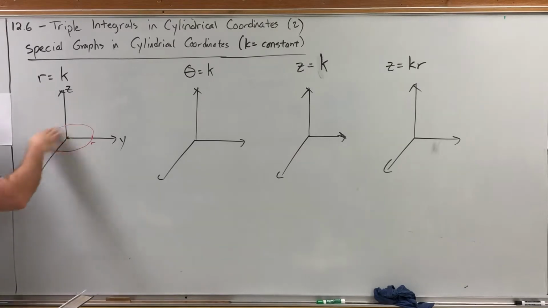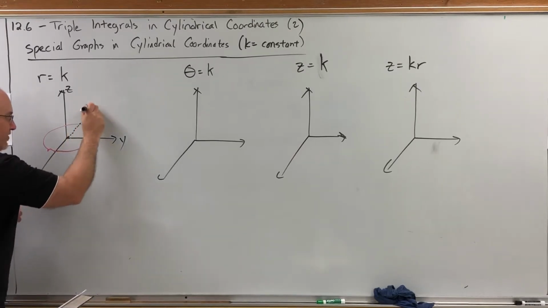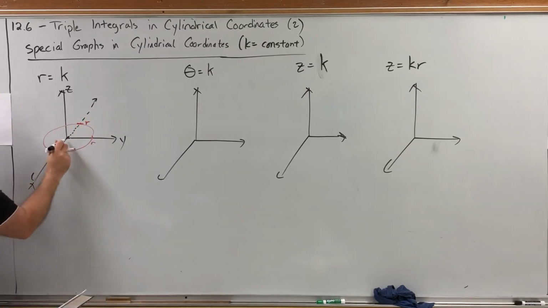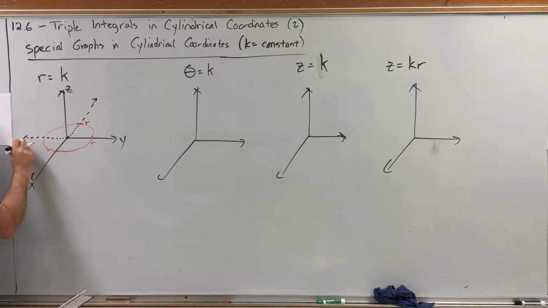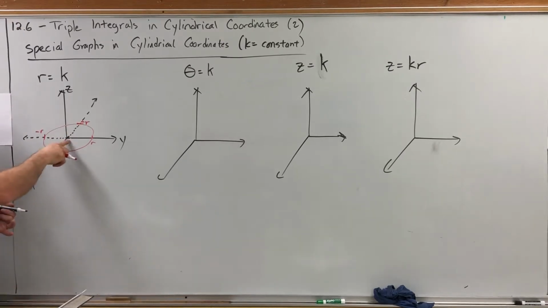And remember, all this that I've just drawn is still on the xy plane, so let me shoot the x-axis back in the negative direction, put a mark here on the x-axis and say r, and then shoot an axis in the negative y direction, and then where it crosses the negative y-axis, I should put negative r on both the negative x and the negative y-axis. So in the xy plane, the graph of r equals k is just a circle centered at the origin with the radius of r.